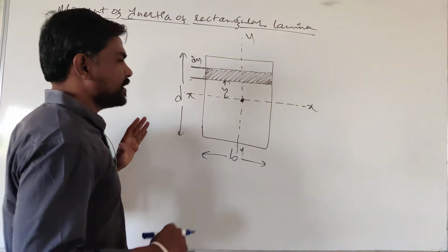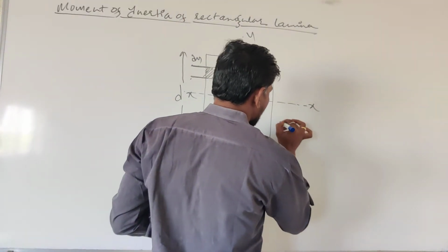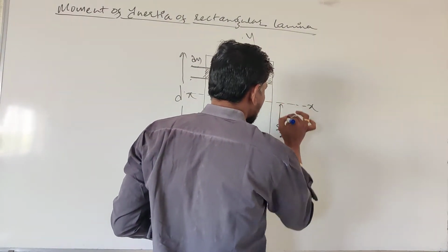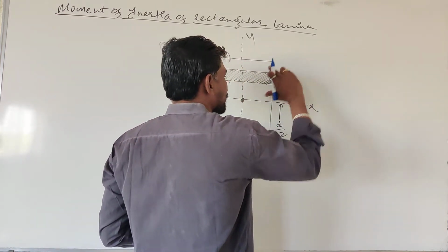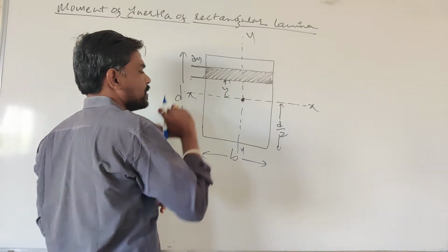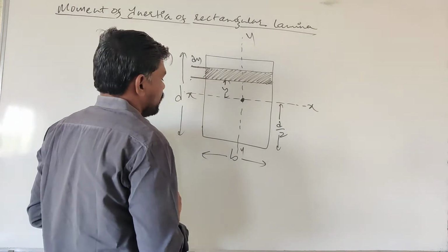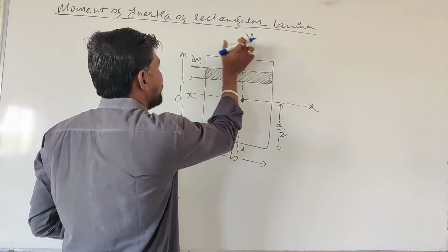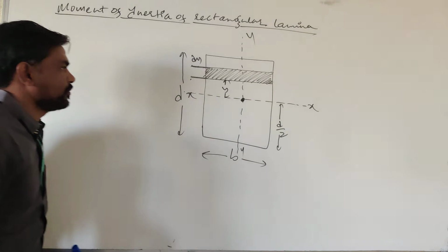If this completely is D, then this becomes D by 2, this is also D by 2. This is B by 2, this is B by 2.